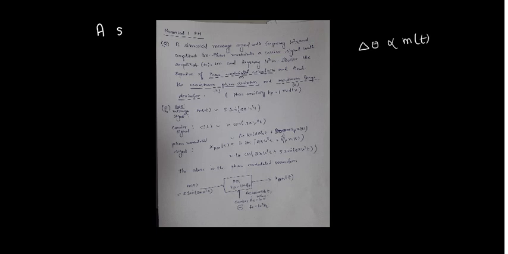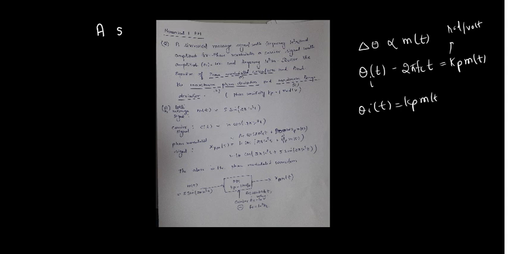And what is the phase deviation? Instantaneous phase minus 2π fc t. If kp is the proportionality constant in radian per volt, then the instantaneous phase will be kp m(t) plus 2π fc t.